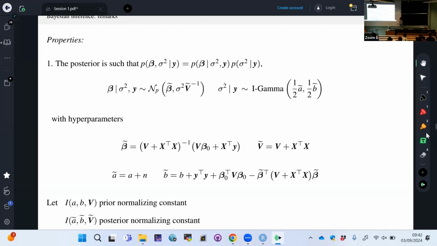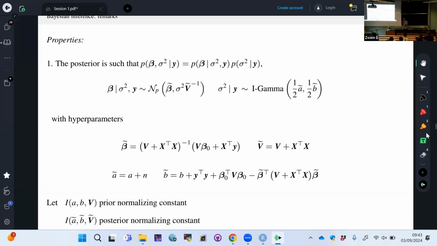For example, you can recognize in beta tilde an expression which is very similar to the OLS, right? Because you have (X'X)^-1 here, you have X'y. The only difference is that you have the prior as well, and so you have plus something coming from the prior, V and beta 0, which are the prior hyperparameters.